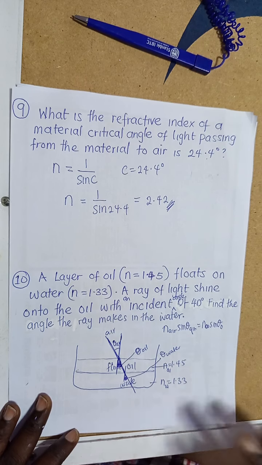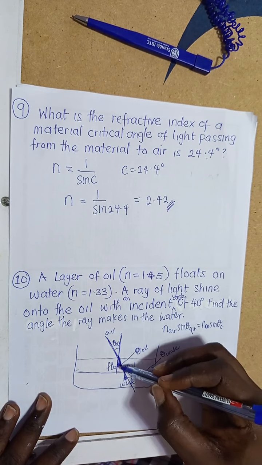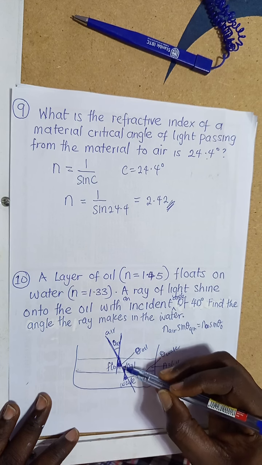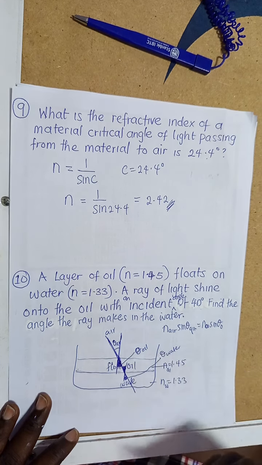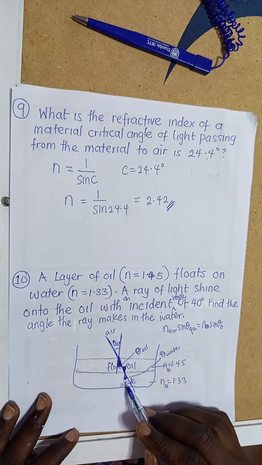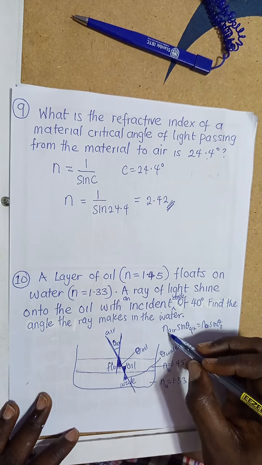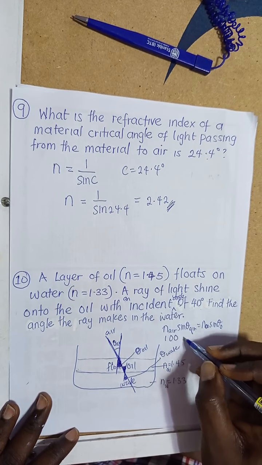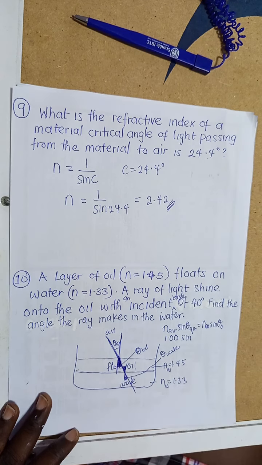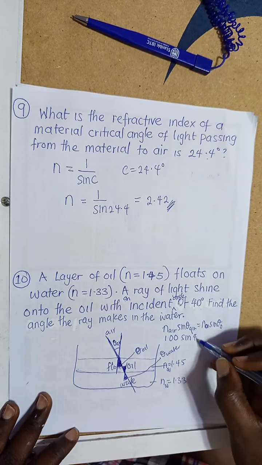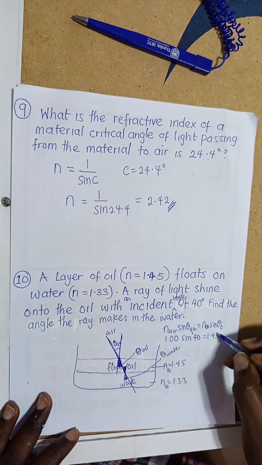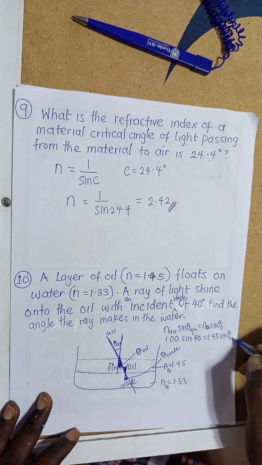So now, if you solve that one, if you now know the angle, don't forget this angle will be alternate to this angle. This angle here is alternate to this angle. So automatically if we can get here, we have got here. So it will be easy for us to get here. So I'm going to have n air is 1.00, sine theta in air is sine 40, equal to n oil, 1.45, sine theta in oil.